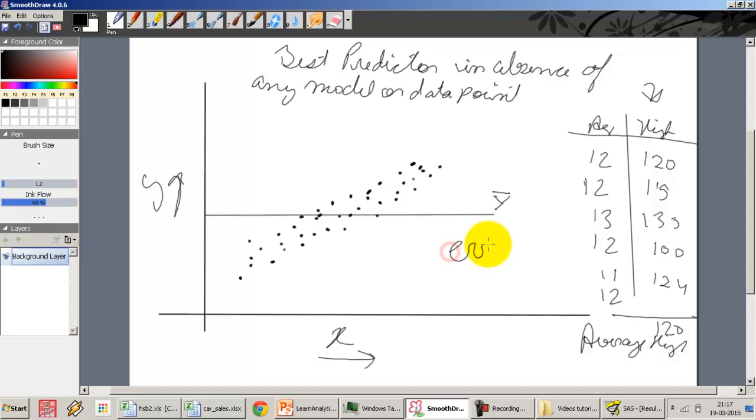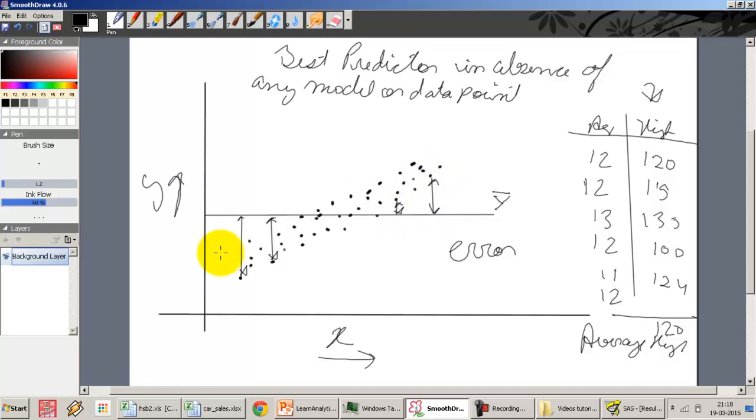I calculate the error for each observation from the y bar line, from the mean value of y. So I get positive errors, and I get negative errors.